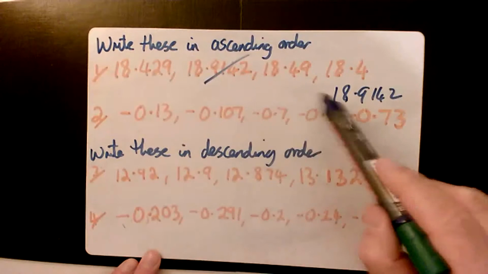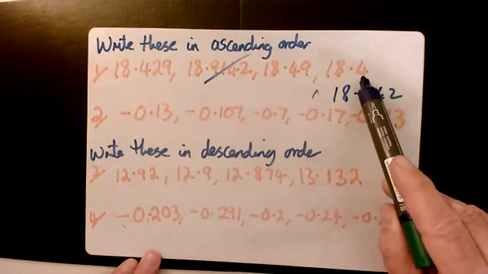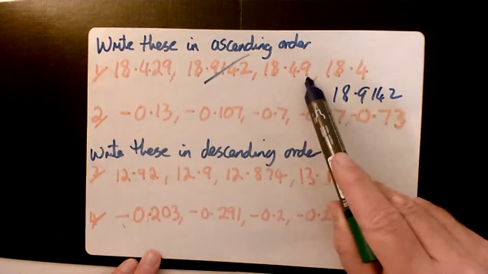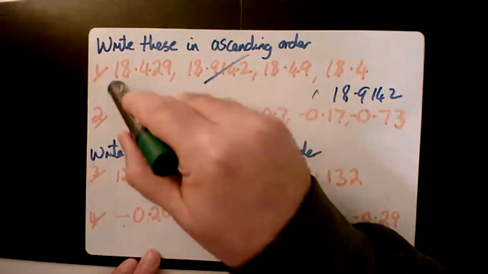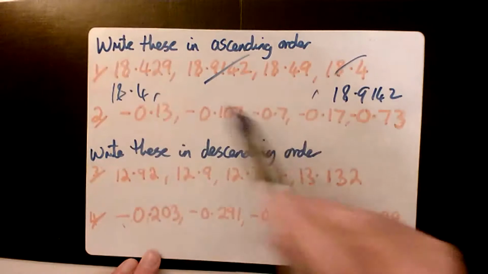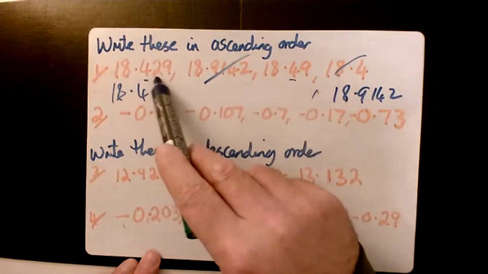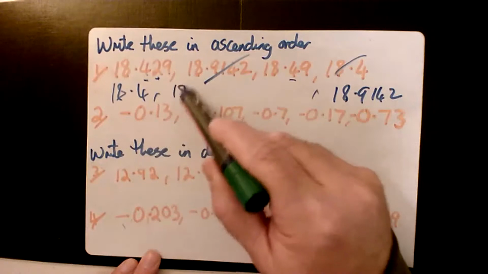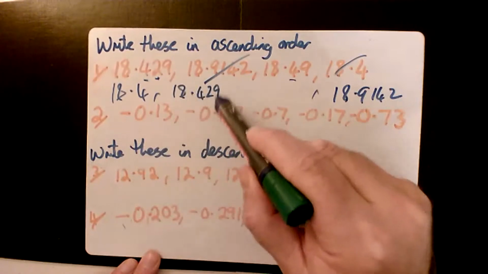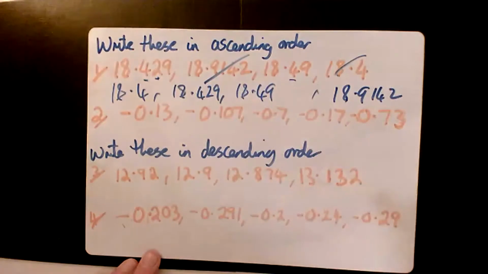Now I'm going to find the smallest, so 18.4, and then there's nothing there, 18.49, so 18.4 is going to be the smallest. Between these two, I've got 18.4, 18.4, and then even 2 is going to be smaller, isn't it? So 18.429, and then 18.49.